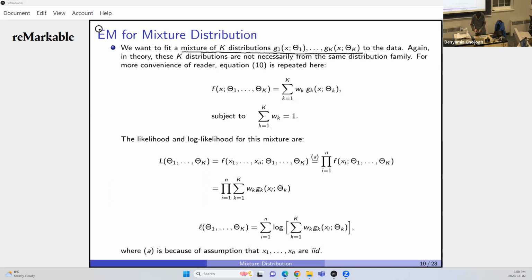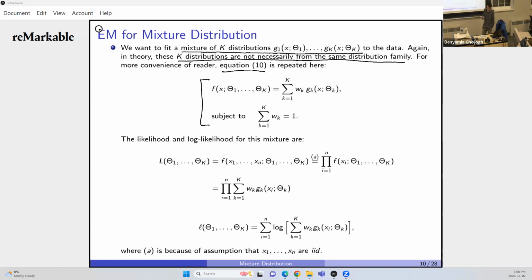Again, in theory, these k distributions are not necessarily from the same family, but for more convenience, equation 10 is repeated here. Now let's take the likelihood and log-likelihood.